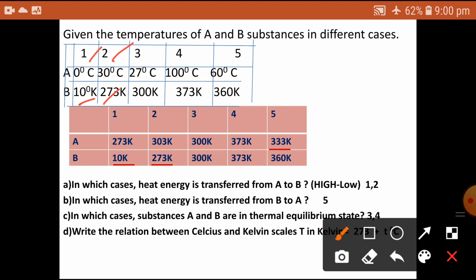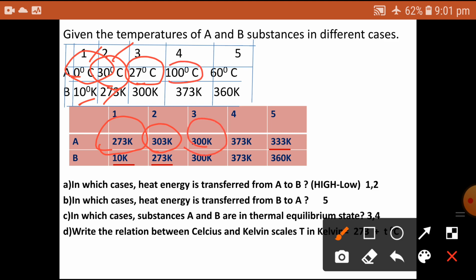So, I am converting for the substance A, the temperatures into Kelvin scale. Here, I am converting 0 degrees. 0 degrees plus 273 gives rise to 273 Kelvin. And here 30 degrees, 30 plus 273 gives rise to 303. And 27 degrees centigrade, 27 plus 273, 300 Kelvin.